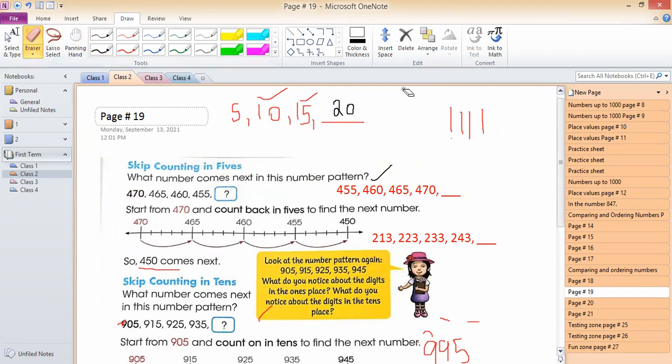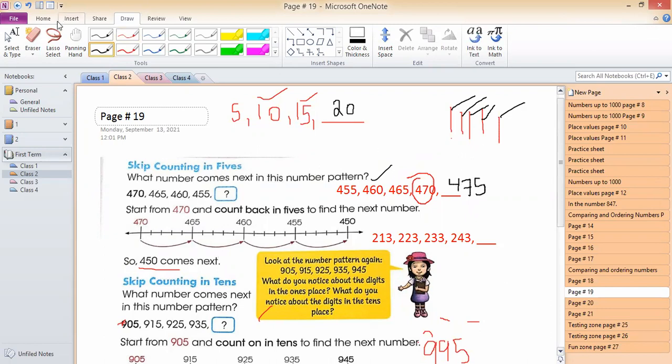Now you will check what is the next number after 470. For that, you will count after 470, 471, 472, 473, 474, and there should be one more number, that is 475. So the next number is 475 and you count on in fives.